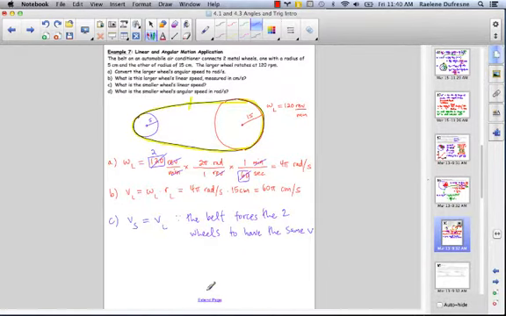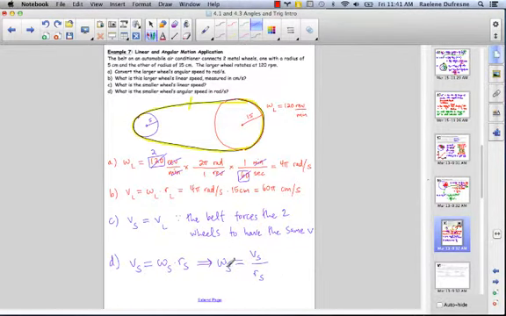And then in part D, we want to know the angular speed of the smaller wheel. So we have the angular speed is a question mark. We can start off with the formula that the linear speed equals the angular speed times the radius. And we can solve for angular speed as being the linear speed divided by the radius of the small wheel.